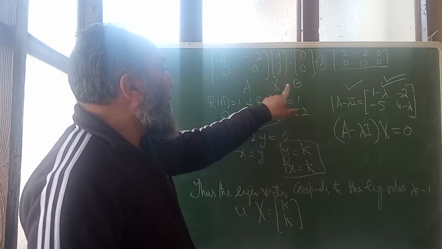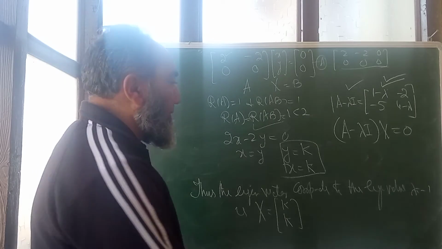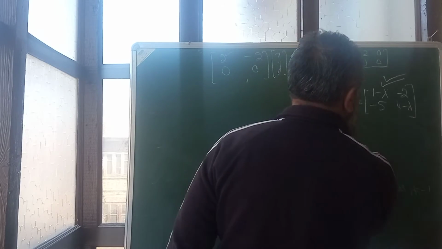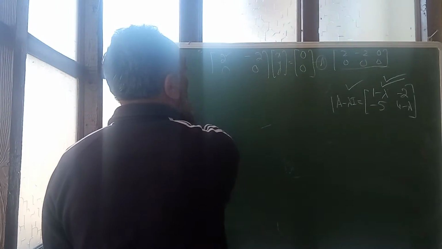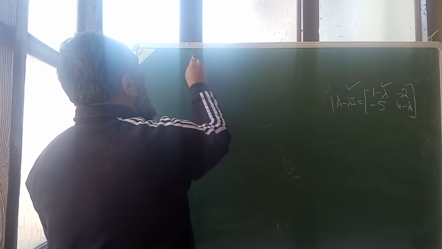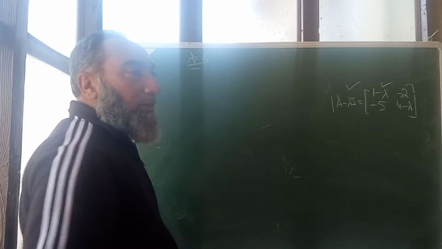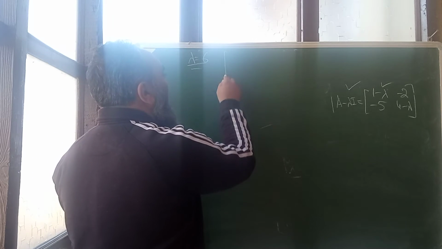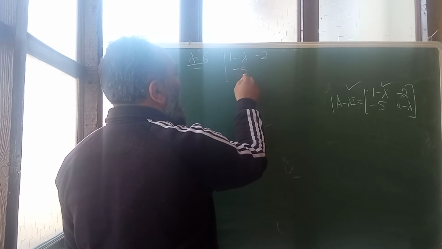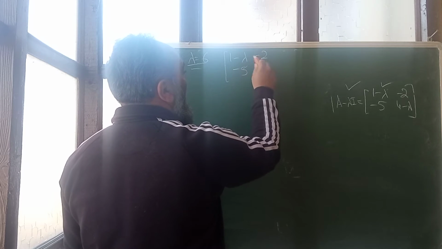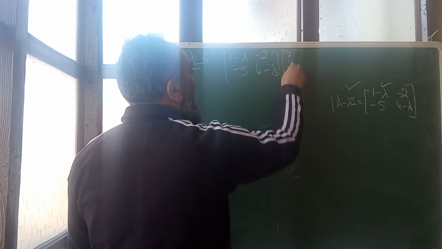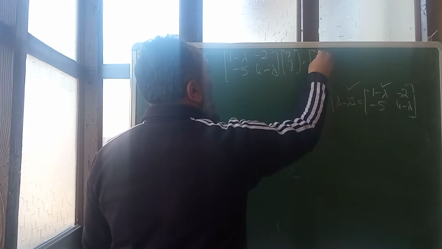Now, my another value was lambda equal to 6. When lambda equals 6, the eigenvector corresponding to lambda equals 6 is given by (A - lambda I) X is equal to 0.